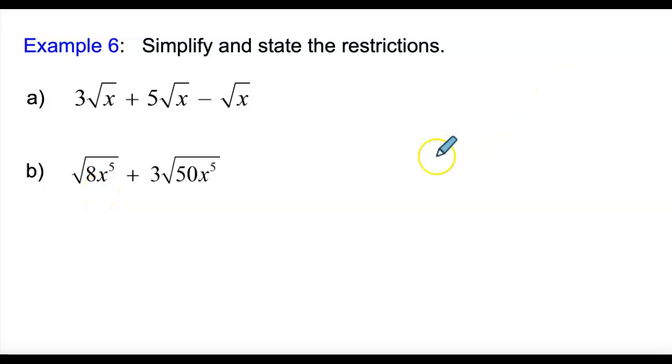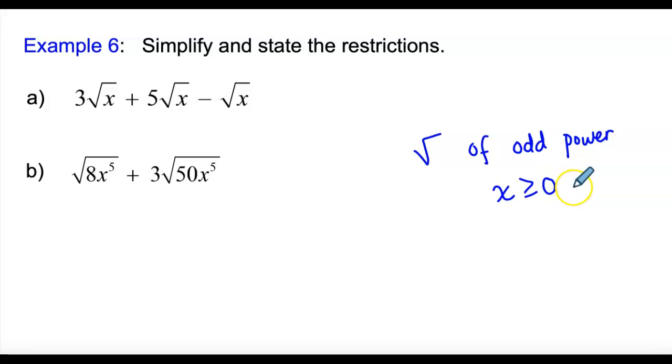Anytime you are taking the square root of an odd power, your restriction is that x must be greater than or equal to 0. Otherwise, you would be trying to take the square root of a negative number, and that's not possible.